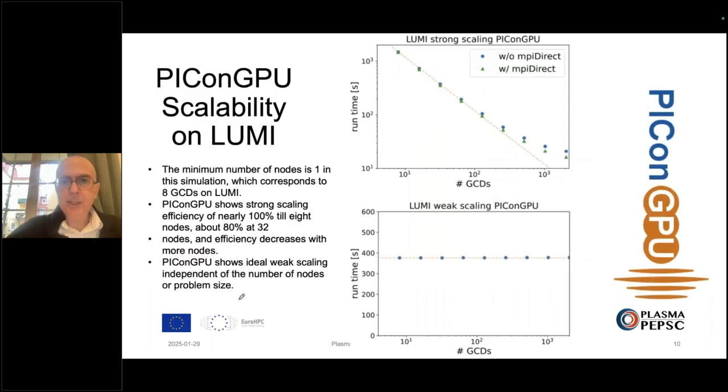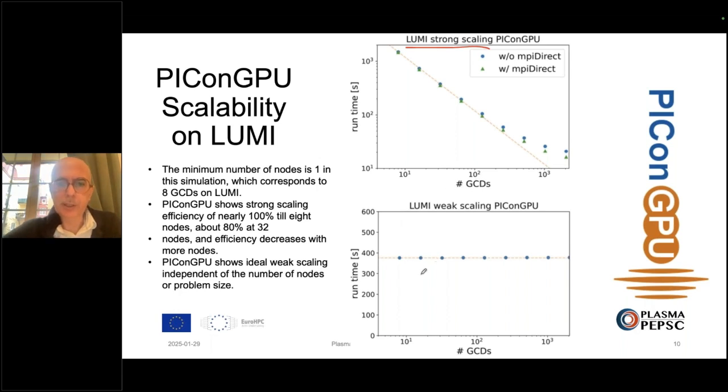The scalability, as I said, is really impressive. This is just a small example, but PIConGPU has been tested on a wide range of different systems with very high scalability. Here is just an example of strong scaling, which is very difficult to achieve, increasing the number of GPUs.